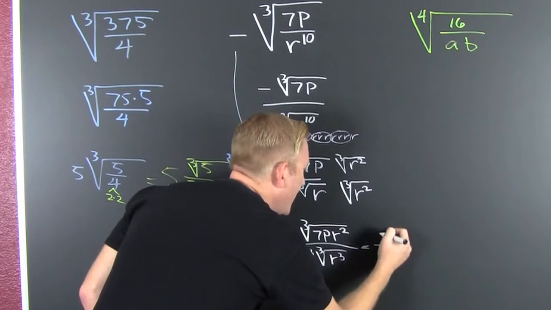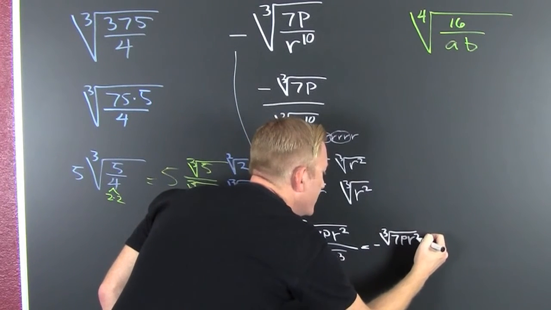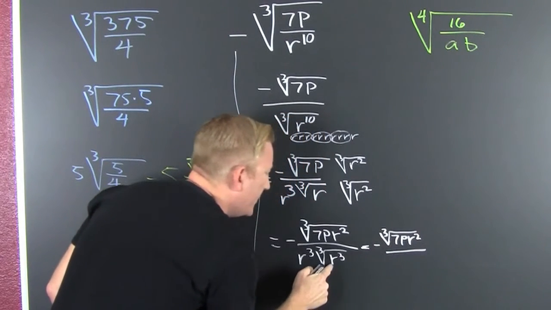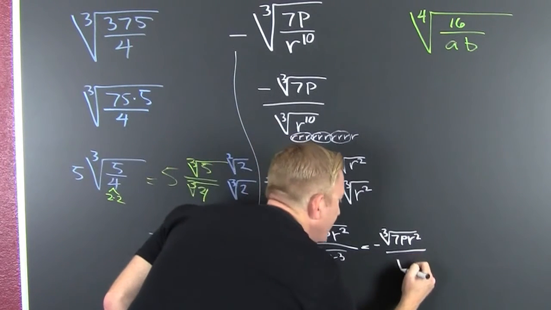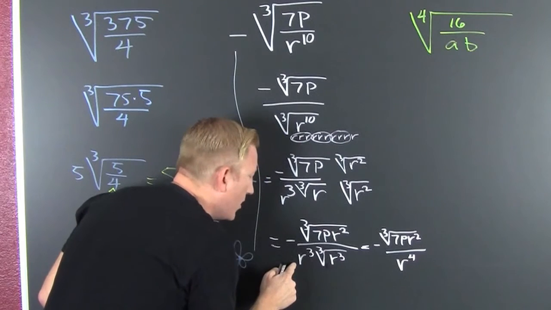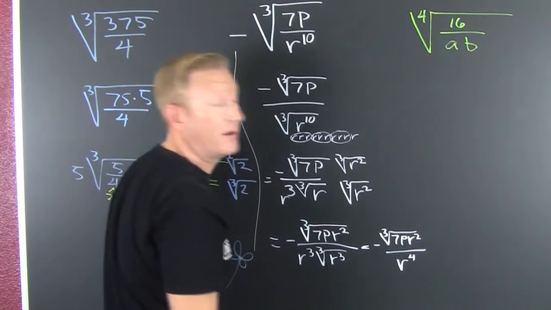That's why I have minus the third root of 7p r squared over. Now 1 r comes out of there, nothing left in the root, and you have r to the fourth, because r to the third times r is r to the fourth, and that's r.